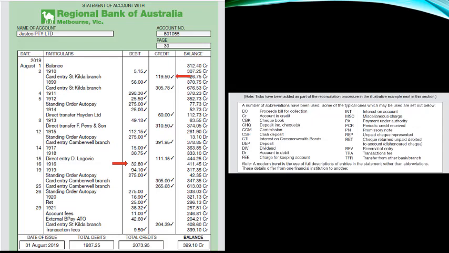As per our previous discussion, the debit side on the bank statement pertains to withdrawals or any deductions to the bank account, and credit entries are for deposits and any other increase in the bank balance.